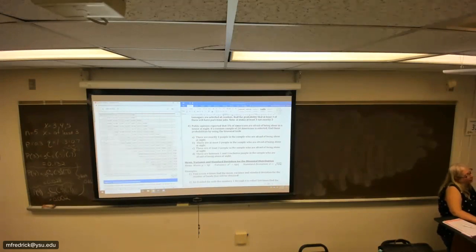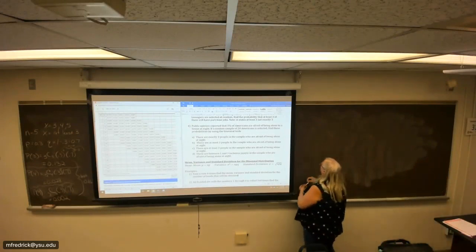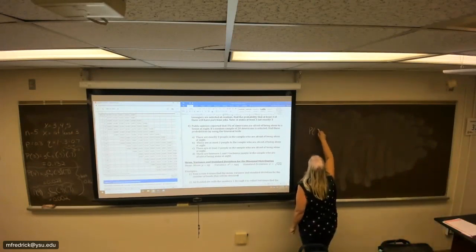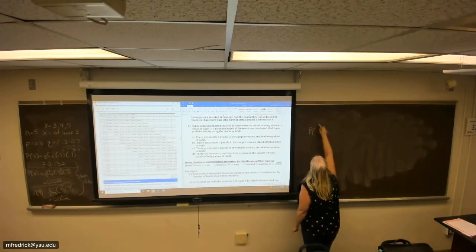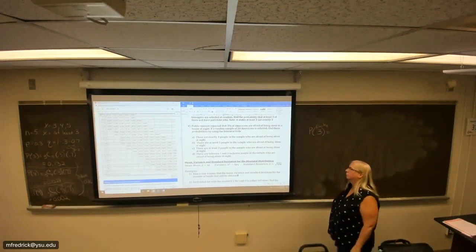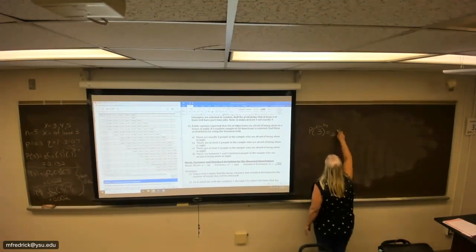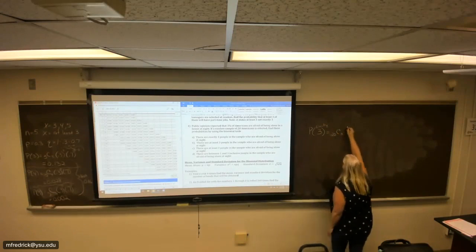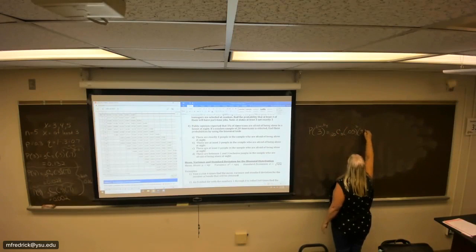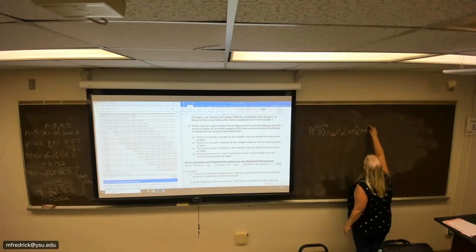There are exactly 3 people in the sample who are afraid. If we were using the formula, we're doing 20 choose 3, times 0.05 to the third, times 0.95 to the 20 minus 3, 17.